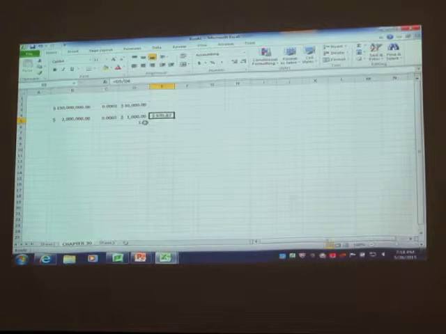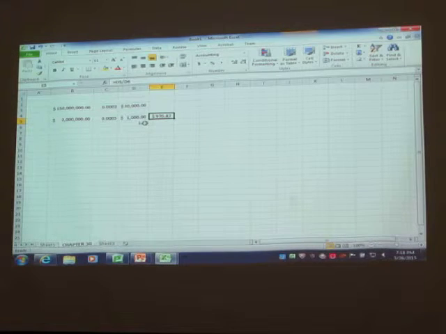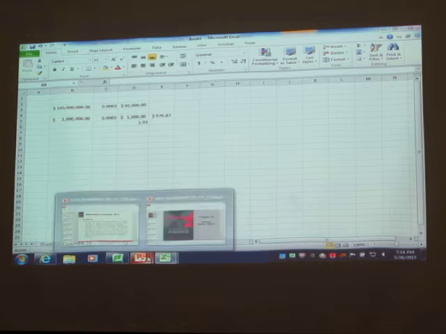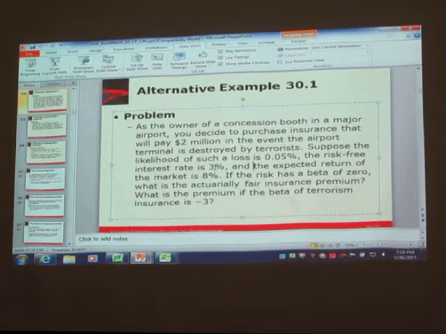Now, how do I determine my other one? What do I need to know? To use the capital asset pricing model, I need an expected rate of return on the market, a risk-free rate, and a beta, right?